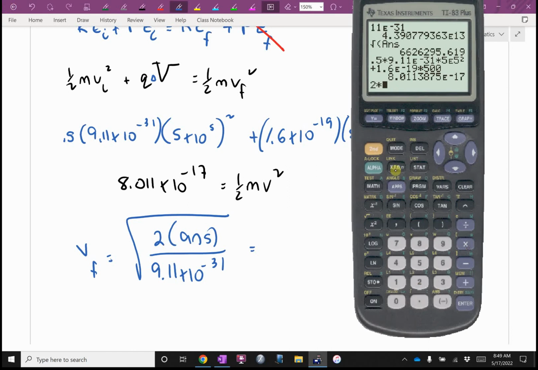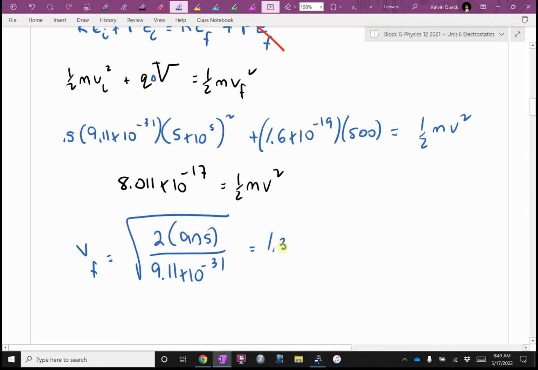So 2 times answer divided by 9.11 times 10 to the negative 31, square root of that. And I get 1.33 times 10 to the 7th meters per second. That makes sense to me because I know the electron sped up.